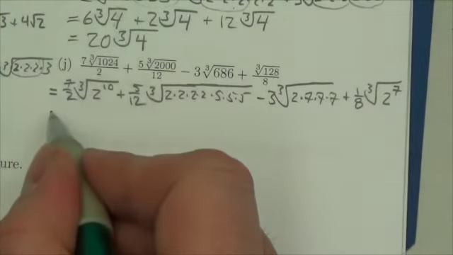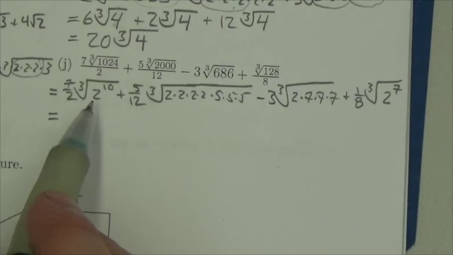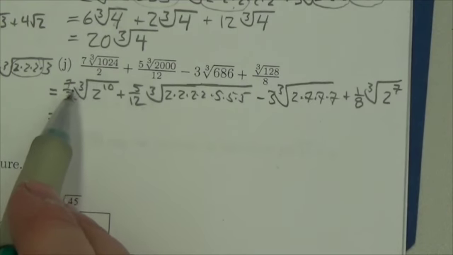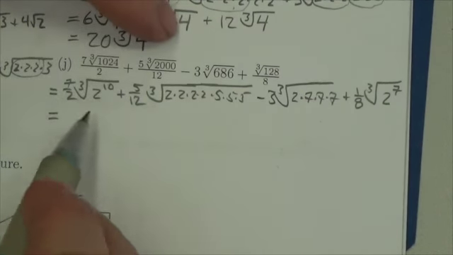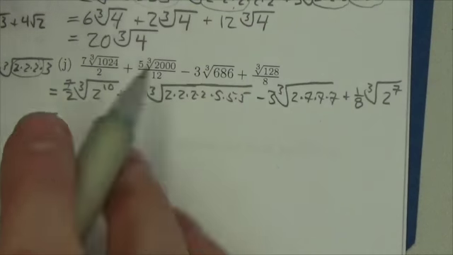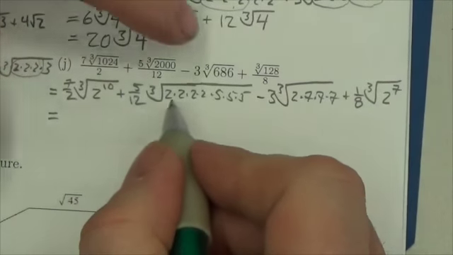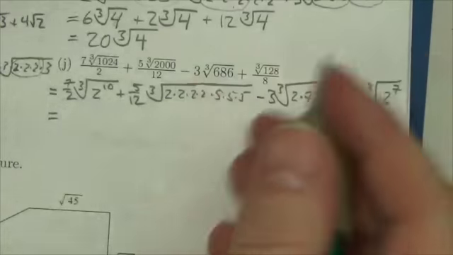Now, let's think about how this works. I've got 10 2's here, and I'm looking for groups of 3. Now just think about that. If you pull out or circle groups of 3, you would get 3 groups of 3 with a single 2 left over.